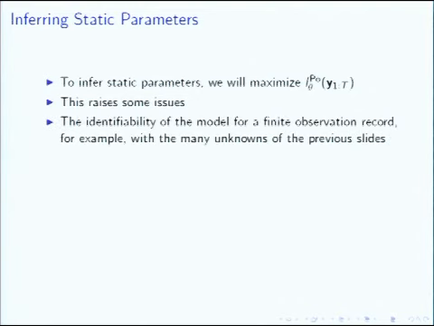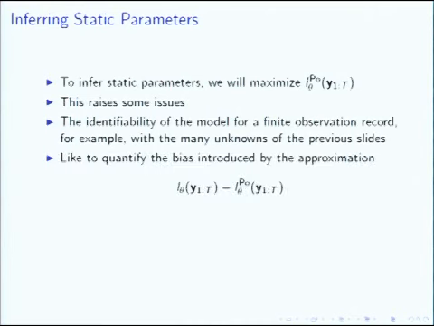Okay, this raises some issues. Firstly, in models like that, there are lots of unknowns, and we don't know whether, for a finite observation record, all the things we want to infer can be inferred. We don't know how identifiable the model is for the finite observation record. In the previous slide, I mentioned many things we don't know and we'd like to infer from the data.